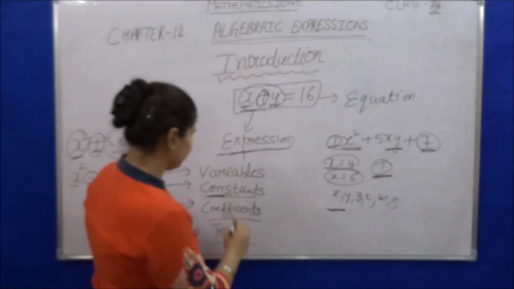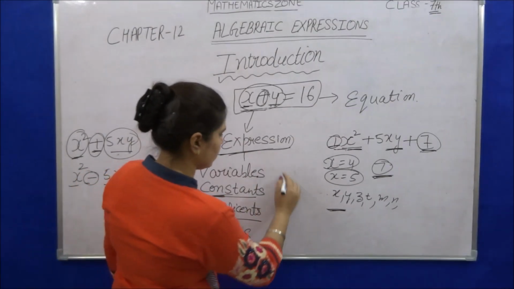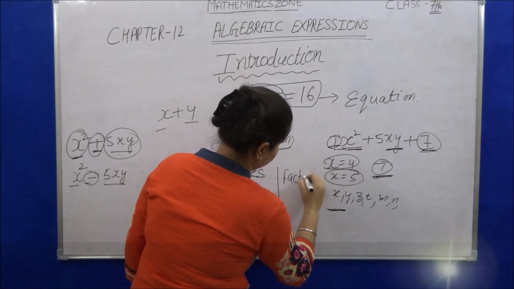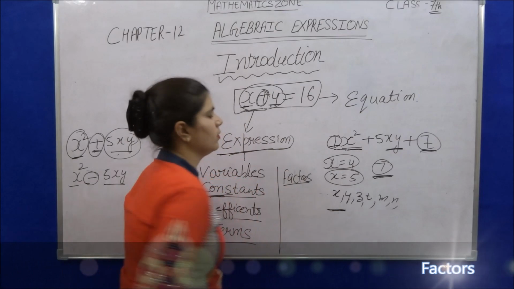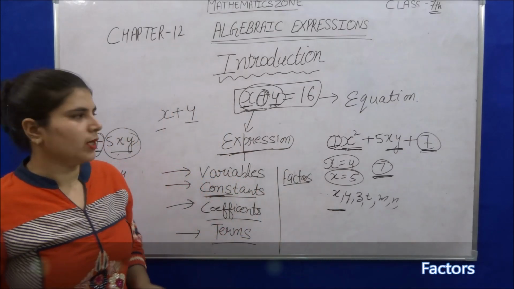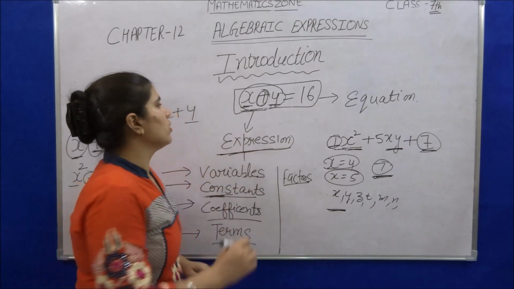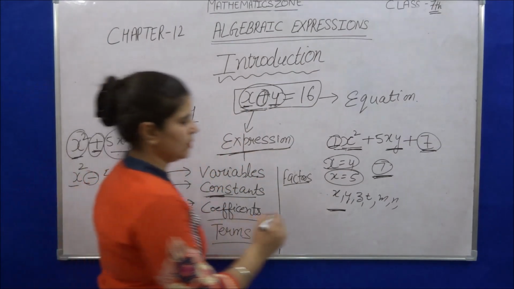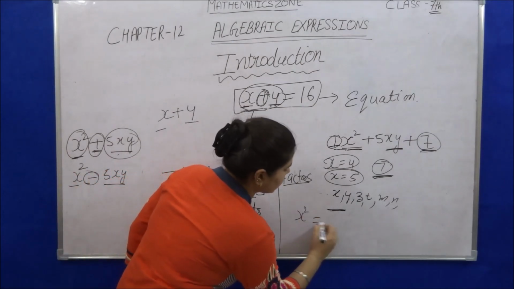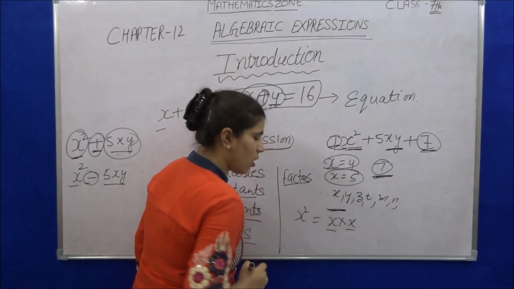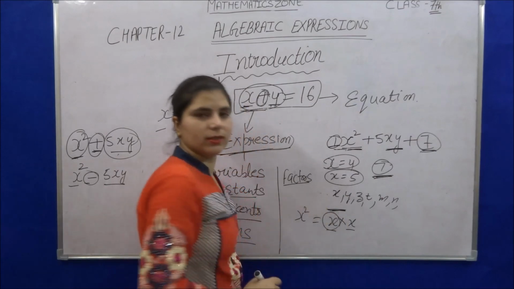Next is factors. What is the meaning of factors? Here x square is a term, and if we expand the term, x square can be written as x multiplied by x. So the factor of x square is x.